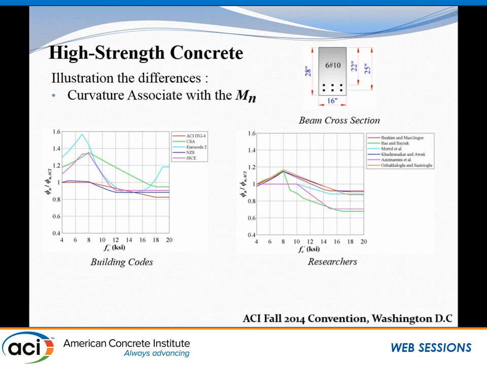However, this is the analytical result of the curvature. As you can see from these two figures, the difference can be as much as 60% from one stress block model to another. So we believe there is something we can work on to determine which stress block model gives us the closest match to the definition that the current ACI code has. It has to be resolved, because the ACI code uses it for two very important reasons.